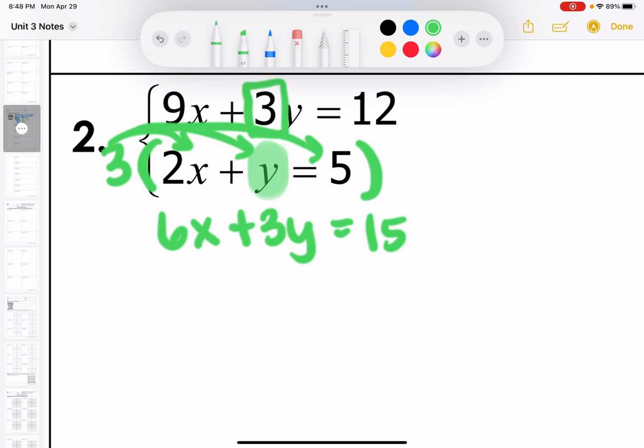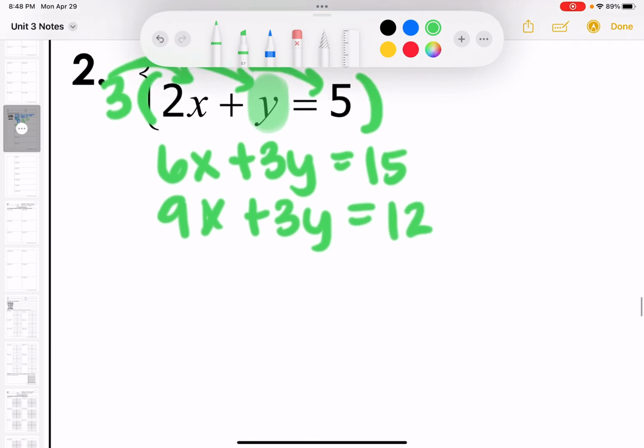All right, then I'm going to take my top equation and just copy it down right underneath that. So now I can solve this system of equations. I have common coefficients with y. They're both positive, so that means I'm going to subtract.